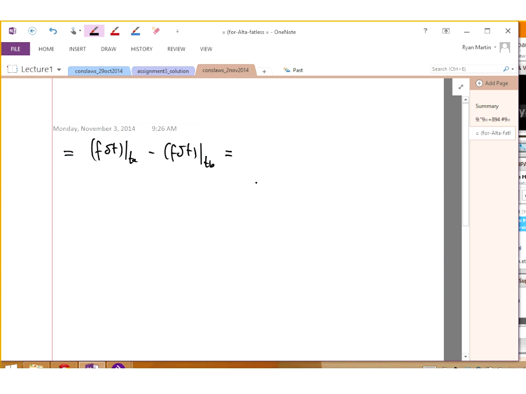So I'm going to write that as the integral from TA to TB of d by dt of f delta t dt. Now that's what I have in the notes, but for this to be correct here, it looks like I need a minus sign. But I hope there's another mistake in the notes that cancels that minus sign. Otherwise we're going to have a problem.